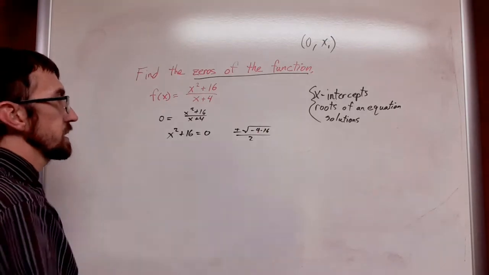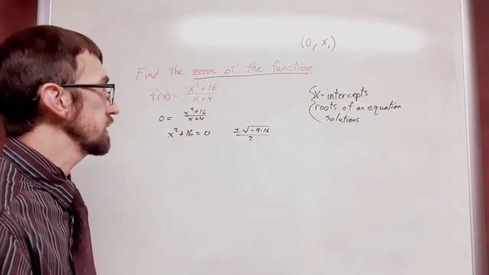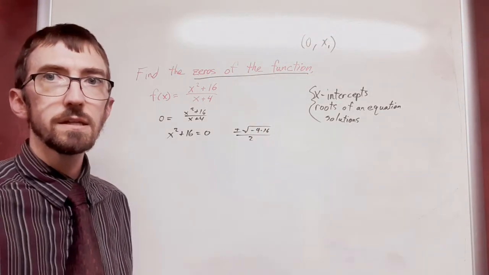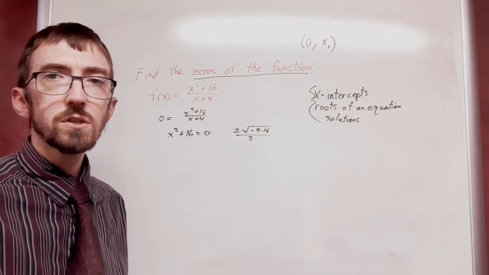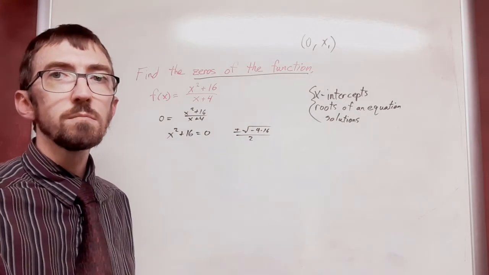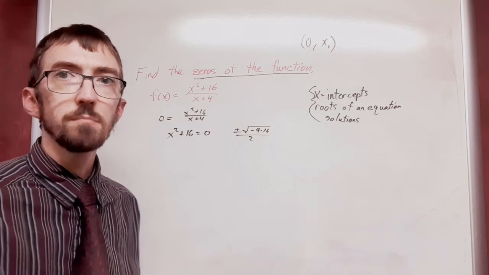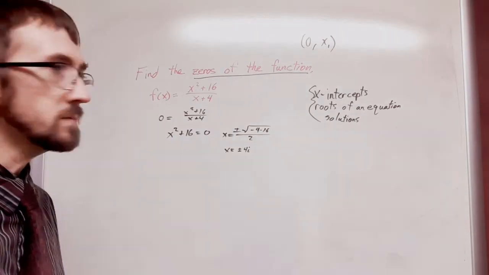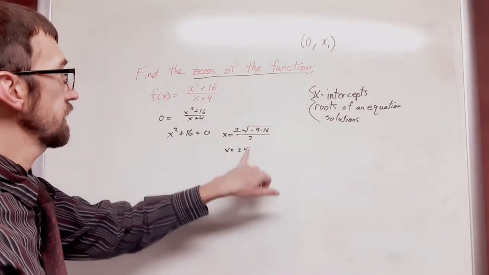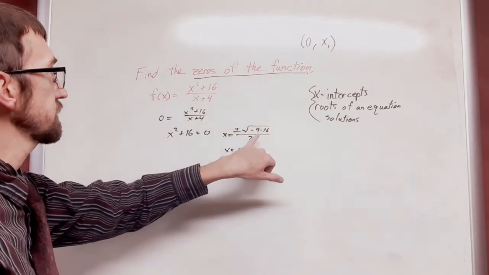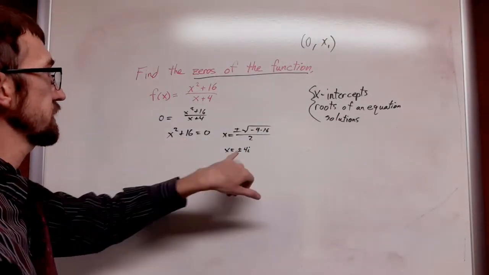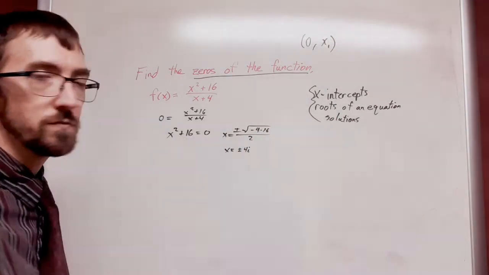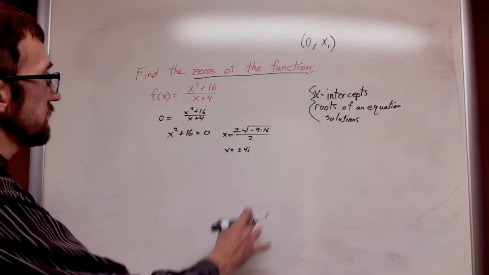And so you'll see in here that this value is going to end up being a negative in the discriminant, and so we're going to have, again, complex numbers. So we end up finding that the two x's that are going to make this 0 are plus or minus 4i. So let's check that.